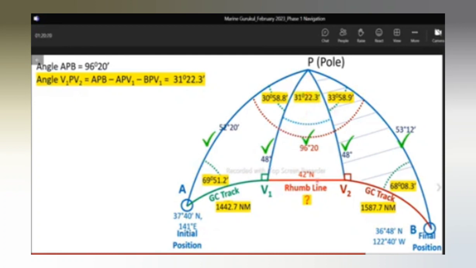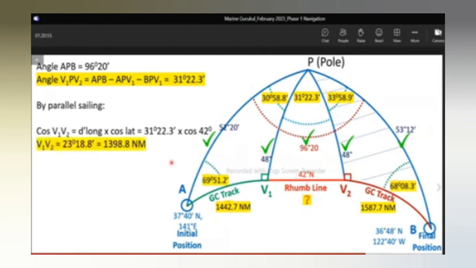So now the only missing part is this rhumb line distance. Now we know this 31 degrees 22.3 minutes is the D long between V1 and V2. Also, the vessel is doing a rhumb line along 42 degrees north, so this distance shall be the corresponding departure in this latitude. So by the parallel sailing formula, we know this V1V2 will be equal to D long into cos of limiting latitude 42 degrees.